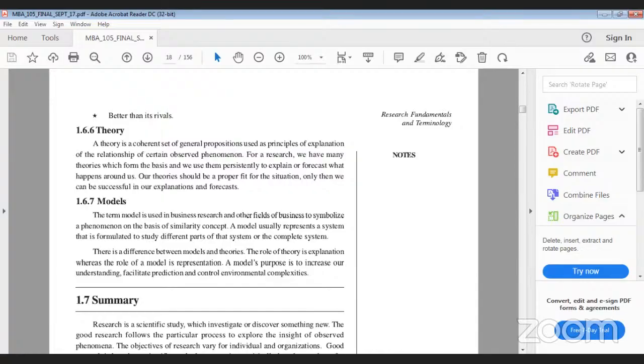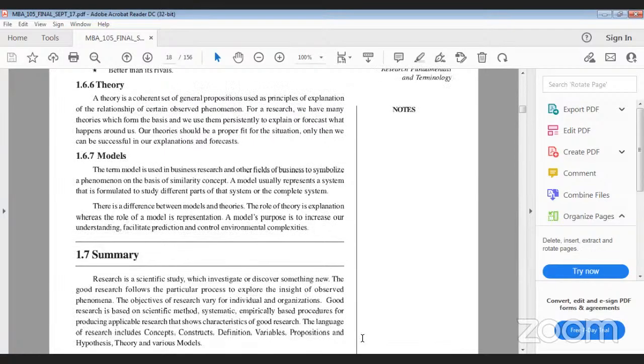There is a difference between models and theories. The role of theory is explanation, whereas the role of a model is representation. A model's purpose is to increase our understanding, facilitate predictions, and control environmental complexity.